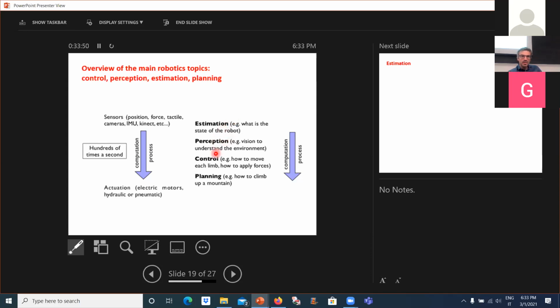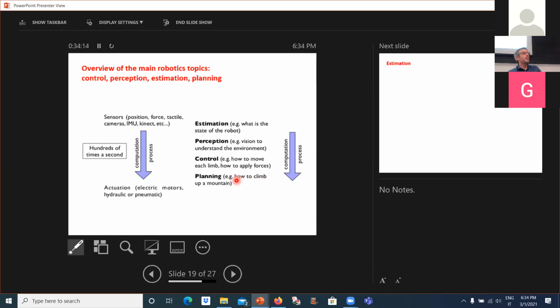Then we have perception of the environment, and the control and the planning. So while we move toward the planning, in essence, the requirement in terms of frequency of computation is less stringent.